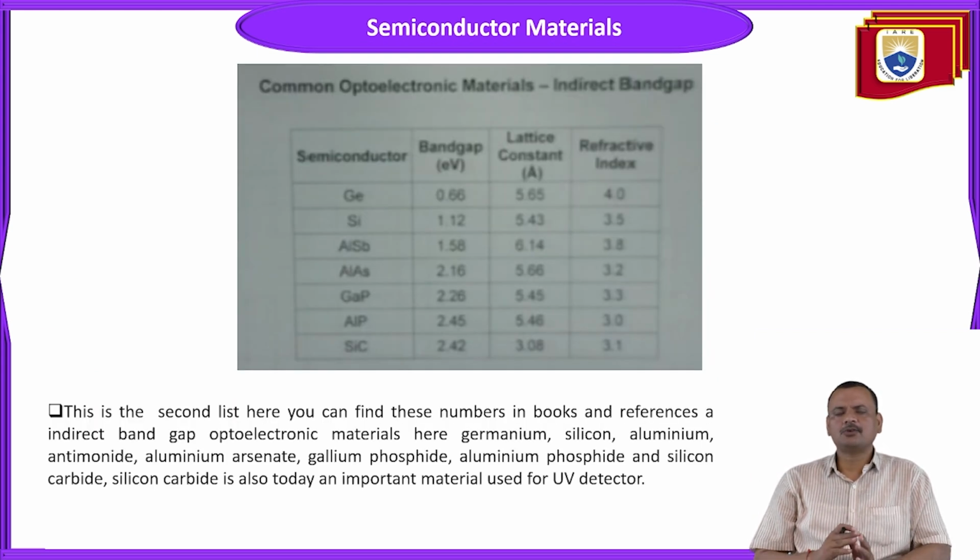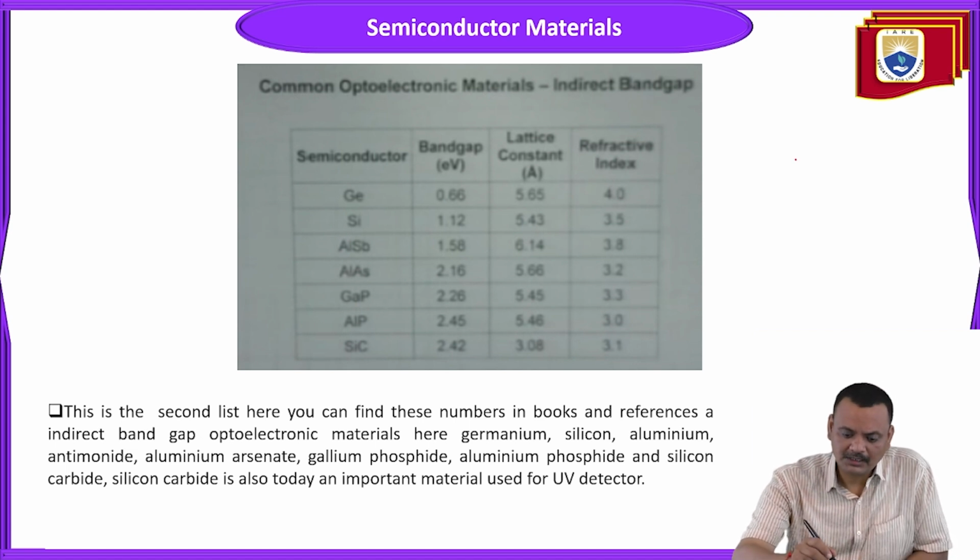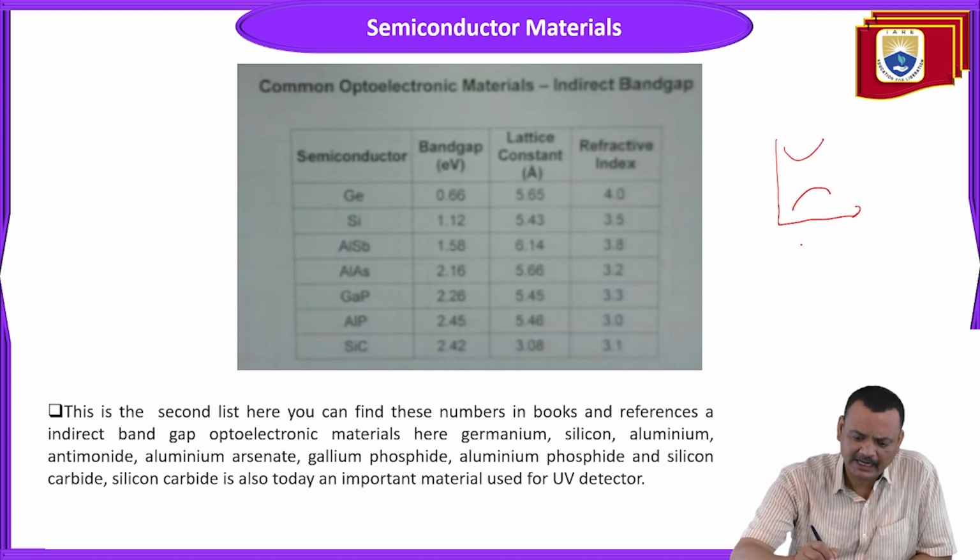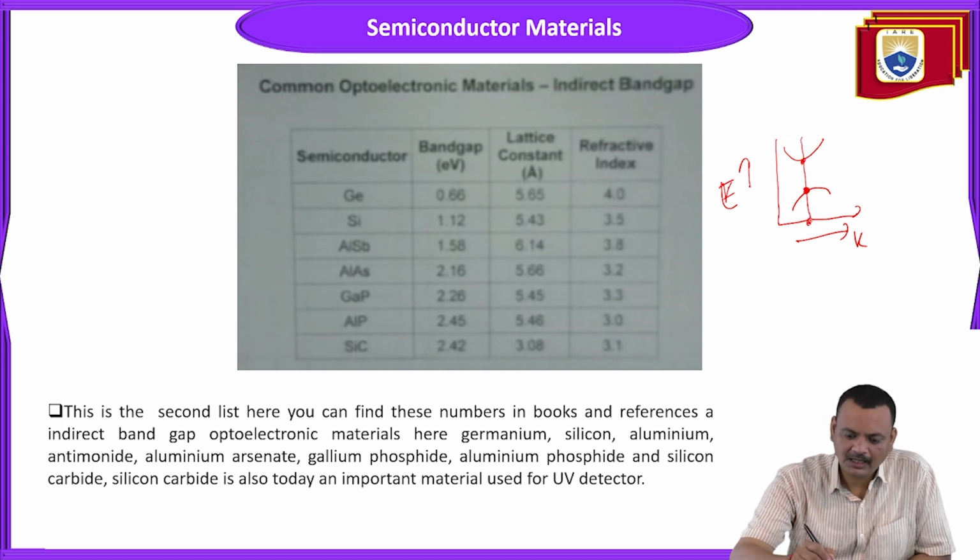Now those are direct band gap semiconductors. Now we are dealing with some indirect band gap semiconductors. Direct band gap, and what is indirect band gap? I already discussed the E-K diagram. So once the minimum of the conduction band and maximum of the valence band lie at the same K point, that type of band structure is known as a direct band gap material.